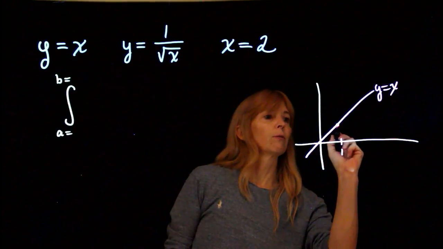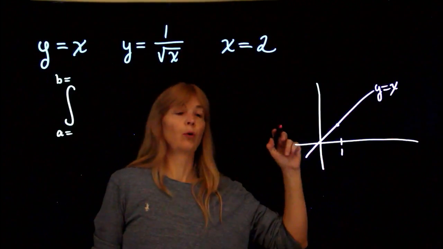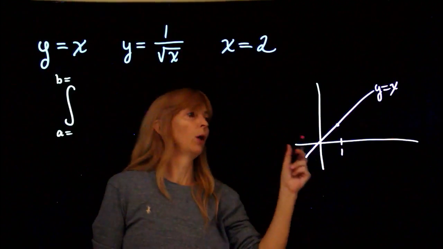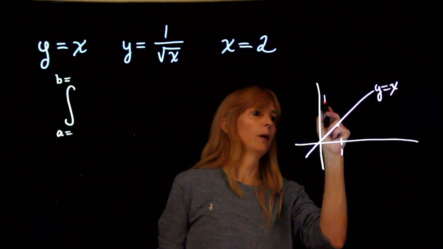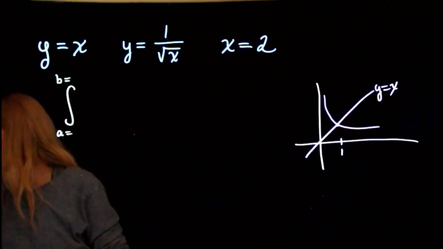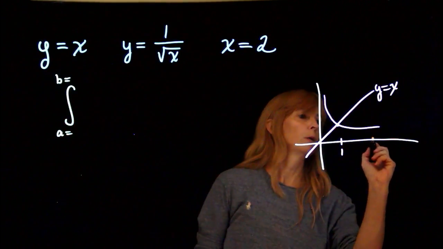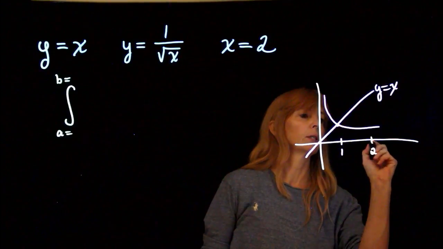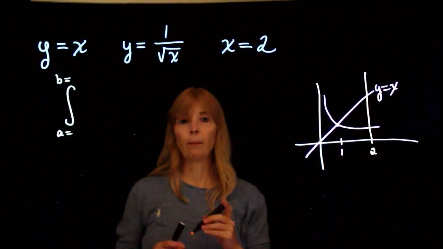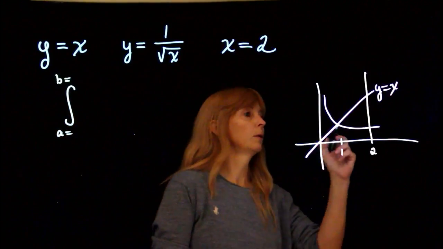So I know it's going through here, and instead of being a square root only going up, this is actually 1 over, so it's coming down. And you could plug in other points if you wanted to see that. And then finally x equals 2 just simply means when I'm out here at 2, I'm going up like that. So it should be pretty clear now.